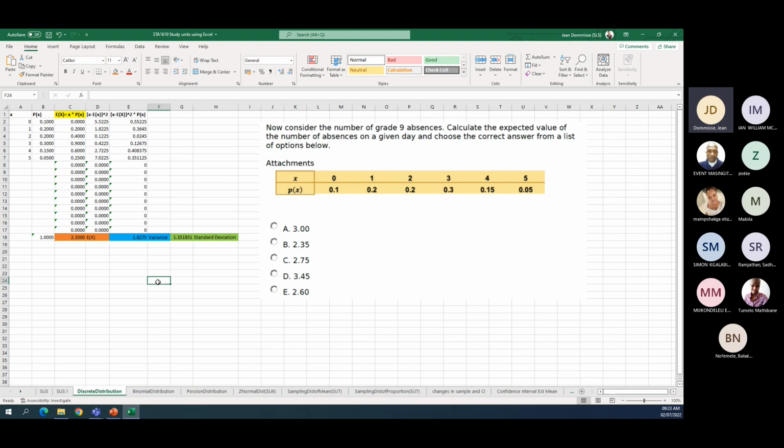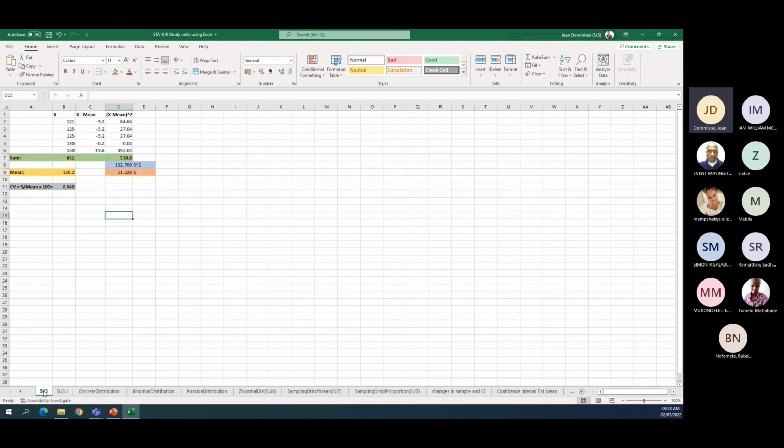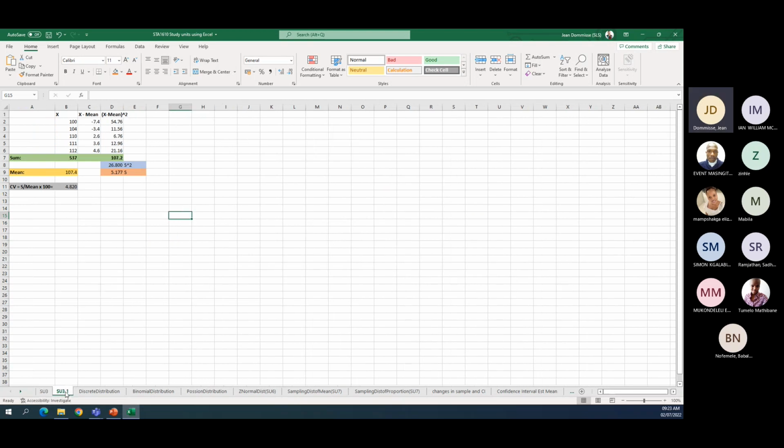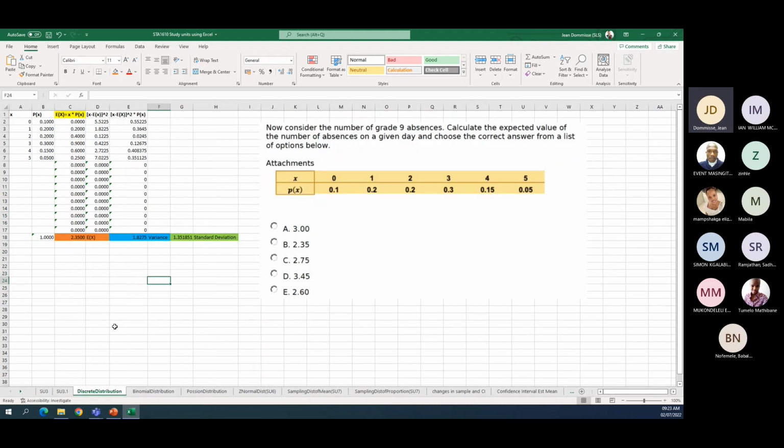You will see there is things on study unit 3, but study unit 3 is very difficult in a sense to really put a template together.